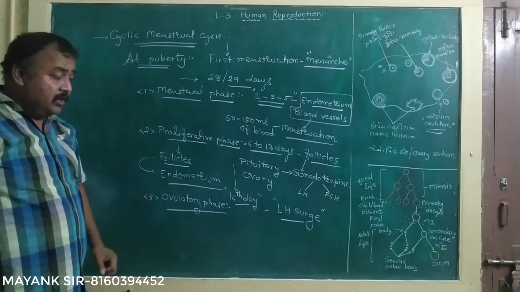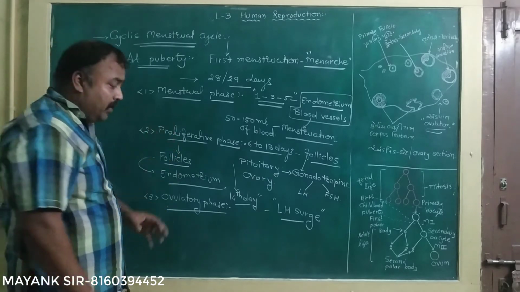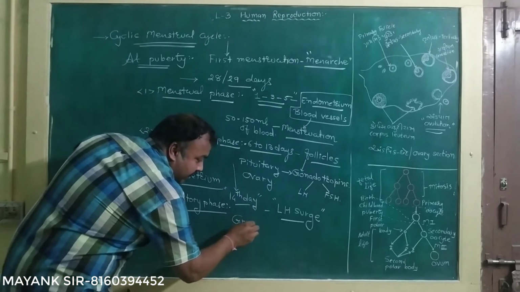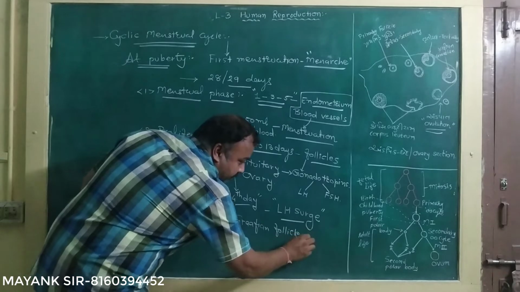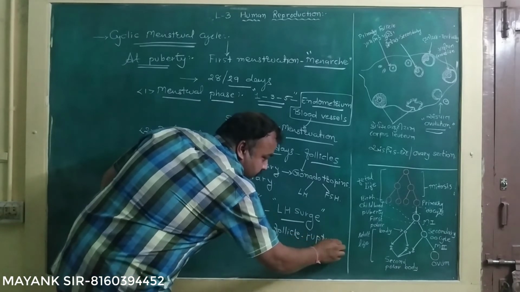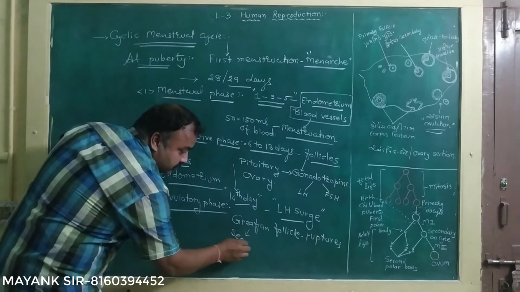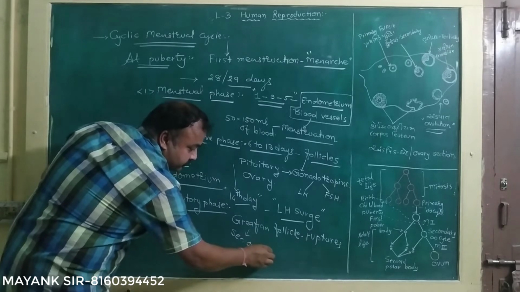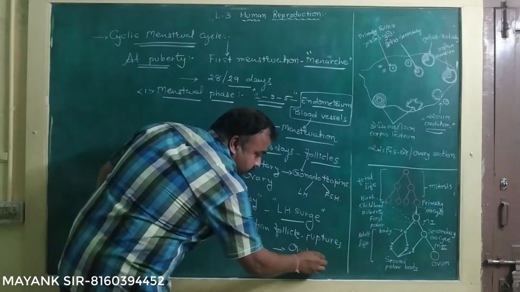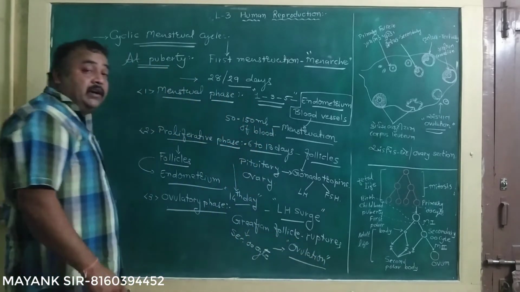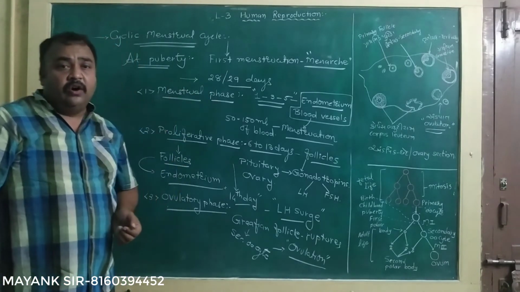Because of the LH surge, the developed ovarian follicle, which is called the Graafian follicle, ruptures and releases the secondary oocyte. This process is known as ovulation. So ovulation occurs on the 14th day of the menstrual cycle. This is the characteristic of human beings.